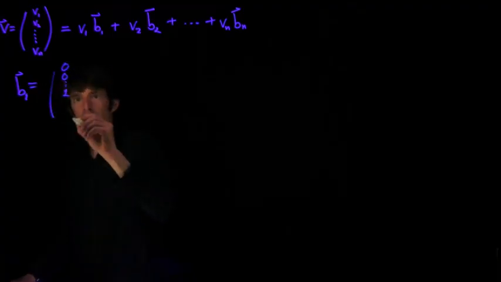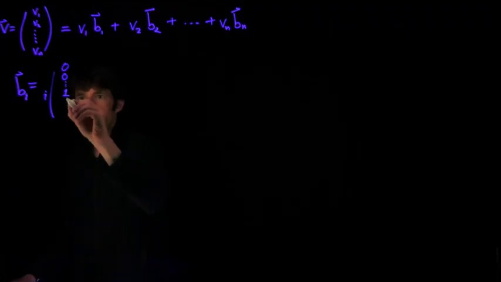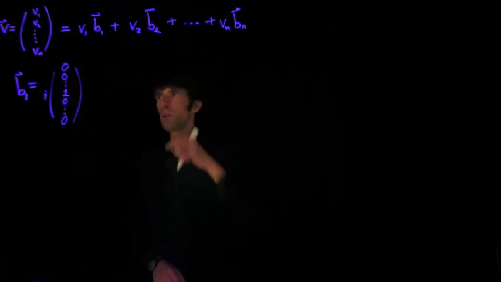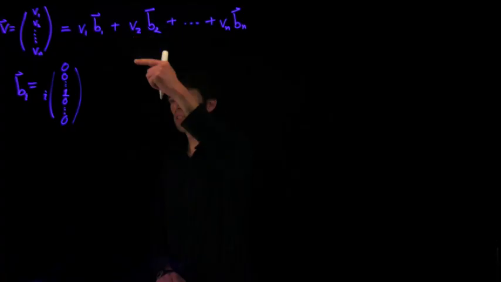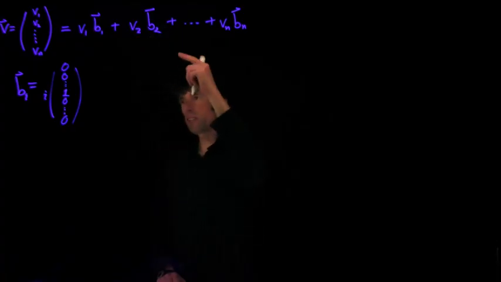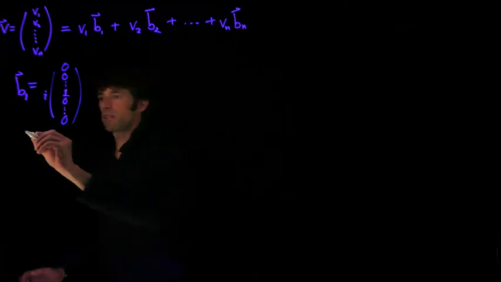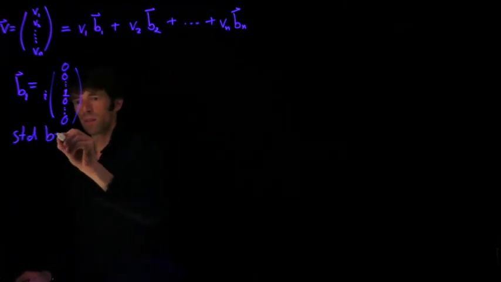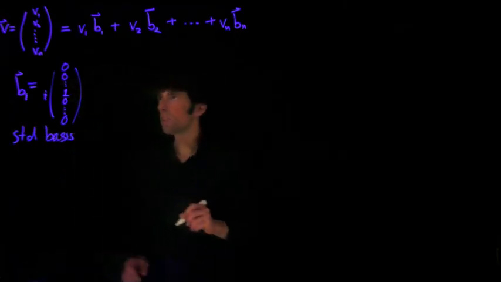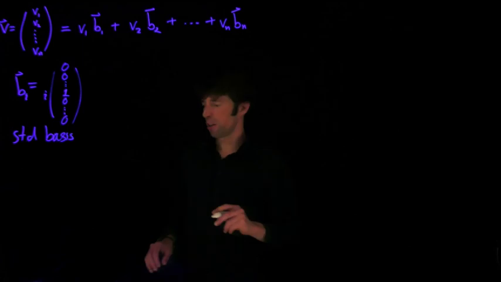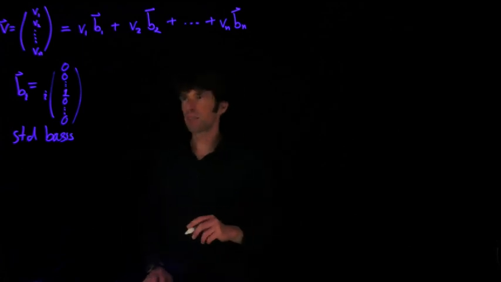It's got a 1 in the ith position, and then zeros everywhere else. So b1 is 1, 0, 0, 0, 0, 0, 0. b2 is a 0, and then a 1, and then all zeros, and so on. So this is the standard basis. Any vector can be written in this very simple way in the standard basis.